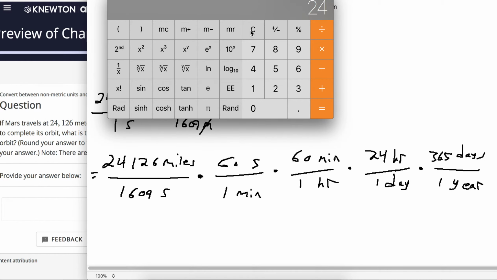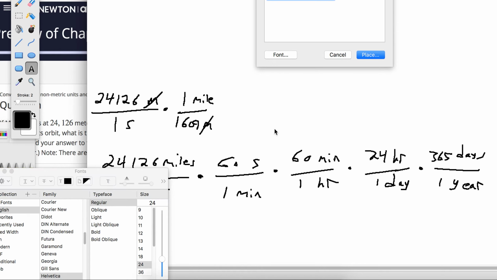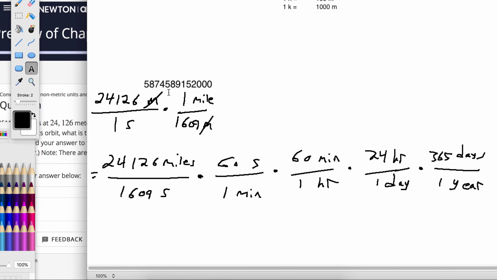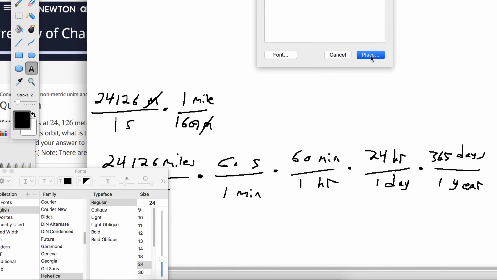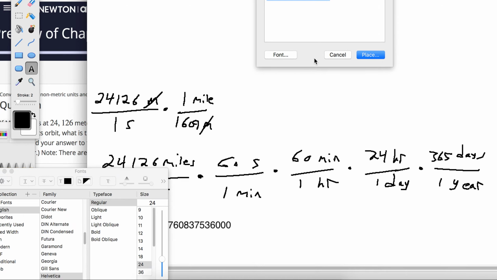Okay, so 24126 times 60 times 60 times 24 times 365. Got to start typing out the number. It's getting big. That's the last. This many miles per 1,609 years.